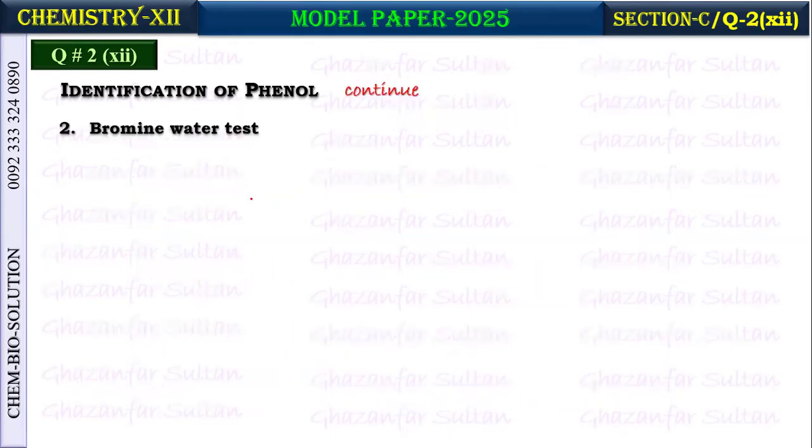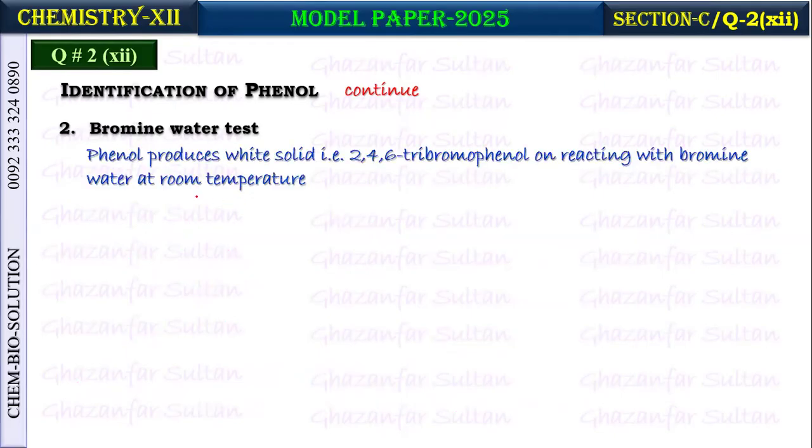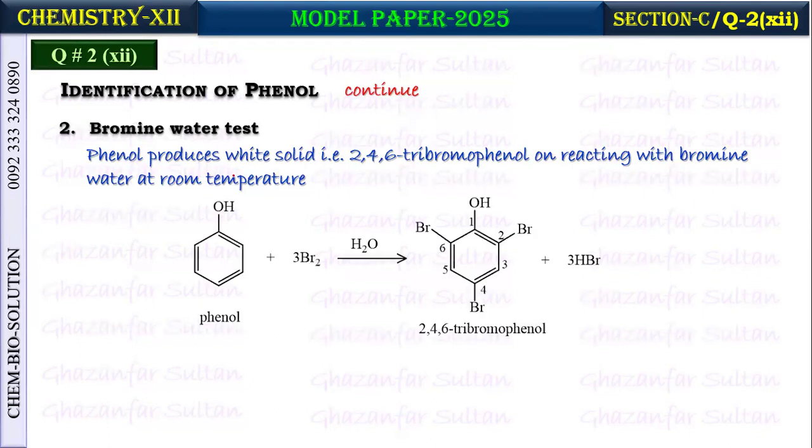Now the bromine water test is carried out here again for phenols, but the results are different. This is not addition of bromine, but here the aqueous bromine reacts with phenol, this simple hydroxybenzene. So what happens? It produces 2,4,6-tribromophenol.